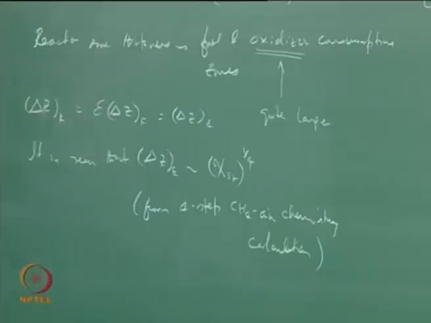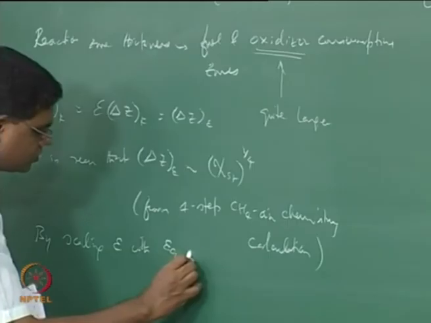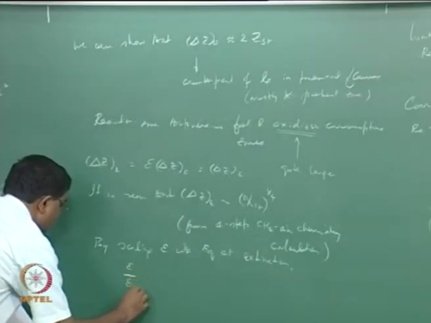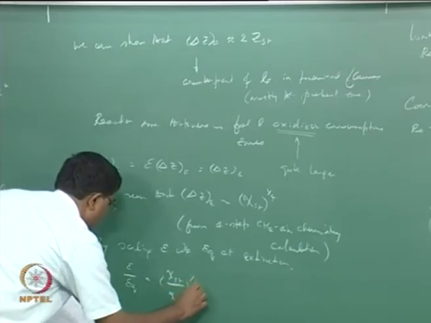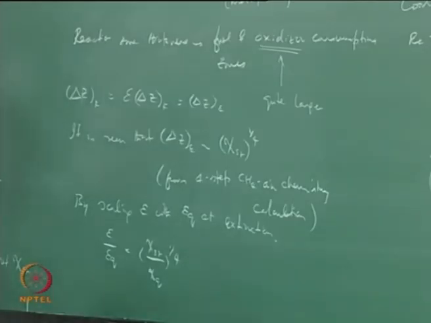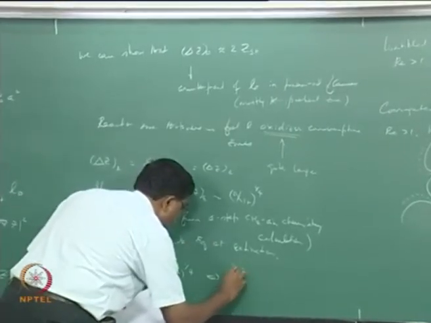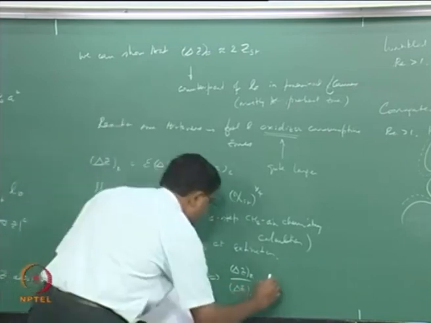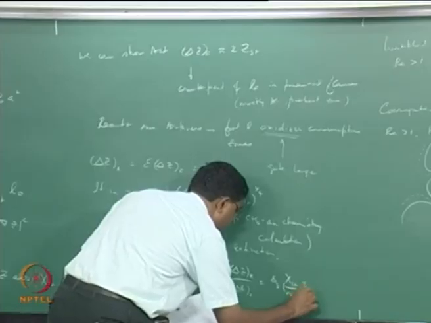And then we try to relate the epsilon here to the extinction epsilon. So by scaling epsilon with epsilon q at extinction, we can show that epsilon over epsilon q is chi st divided by chi q to the 1/4, and therefore we can just write here delta Z R divided by delta Z F is epsilon q times chi st divided by chi q to the 1/4.